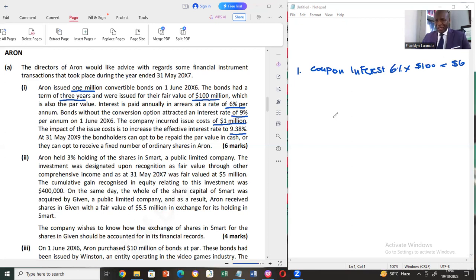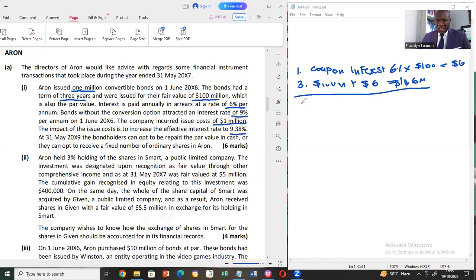And now in the final year, we have 2 components, the interest plus the principal. So this will be 100 million plus 6 million, which will be 106 million dollars.